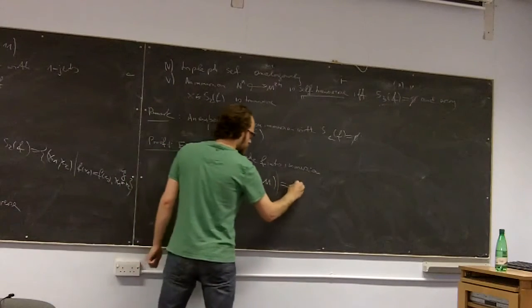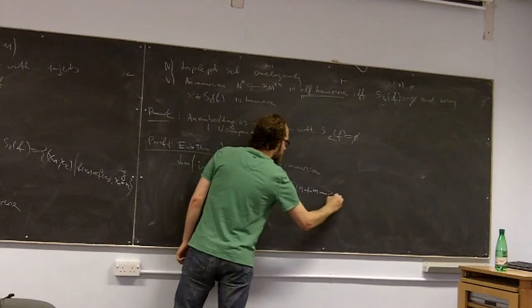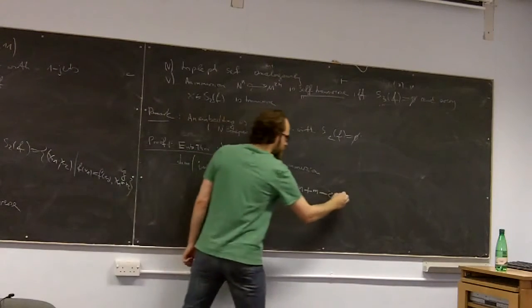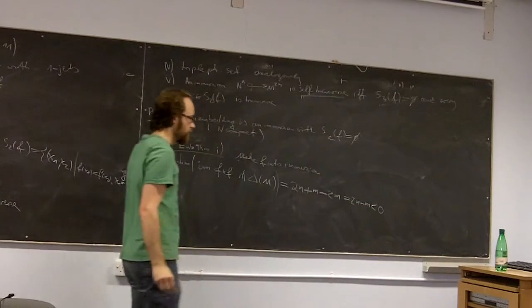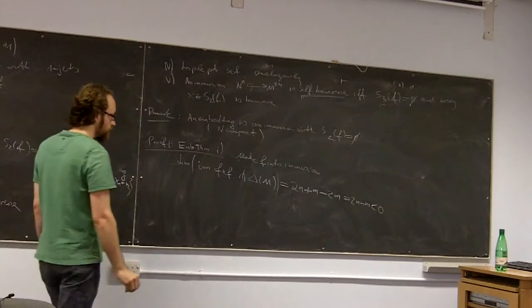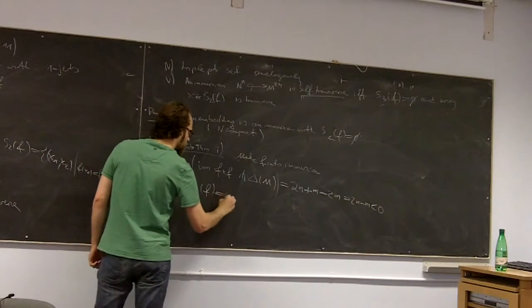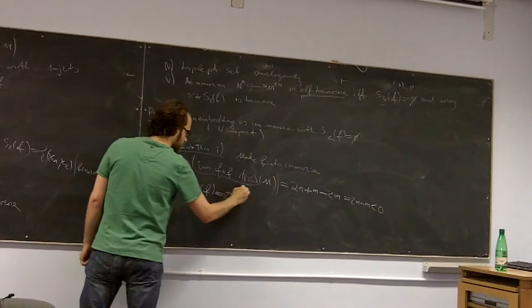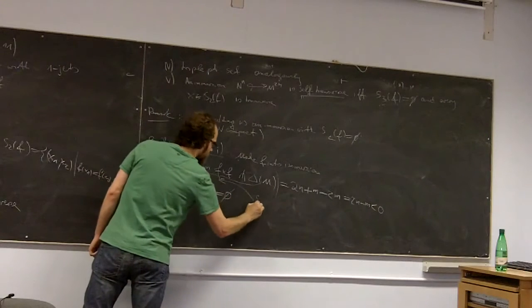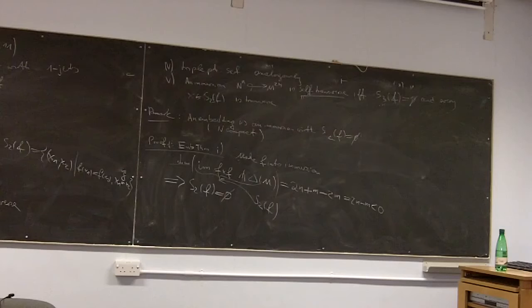This is 2n, and this is m plus n minus 2n. Well, 2n minus m, and this is less than 0. So this is actually the set of double points. Okay.